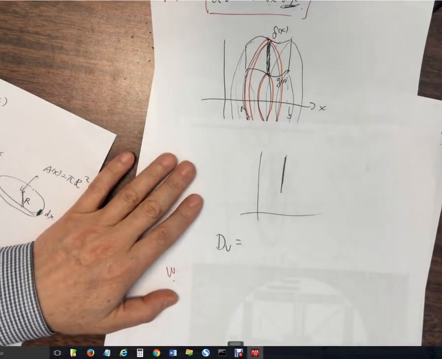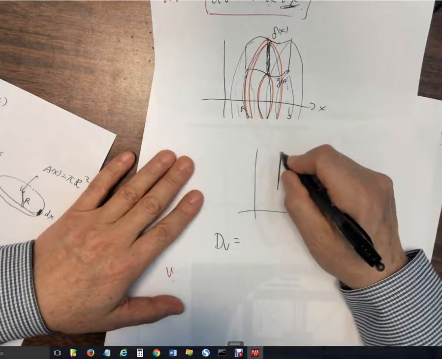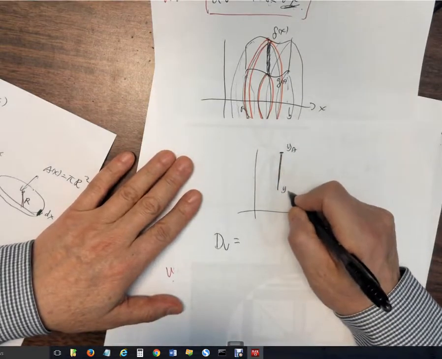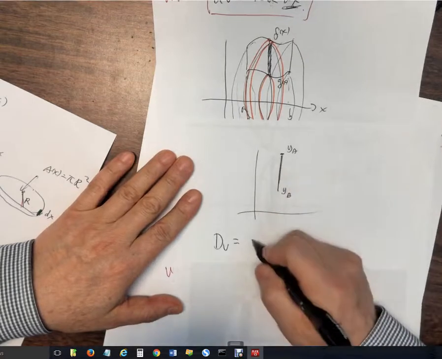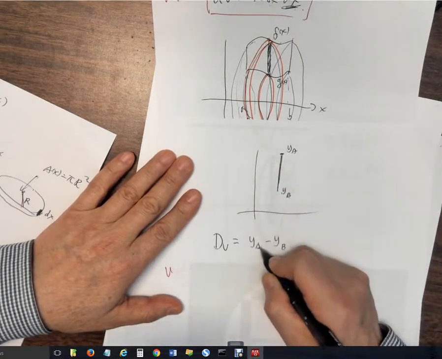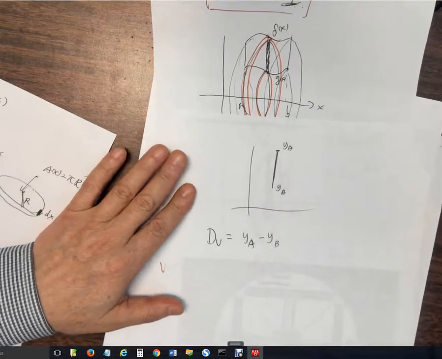Simple. Vertical distance would be the y value or y expression above minus the y value or y expression below. Common sense, right?